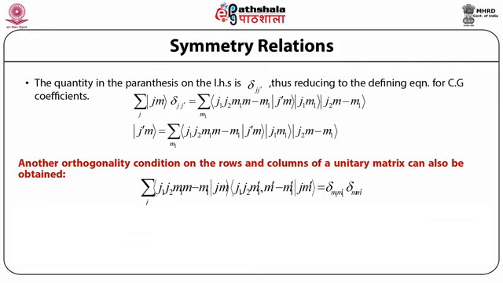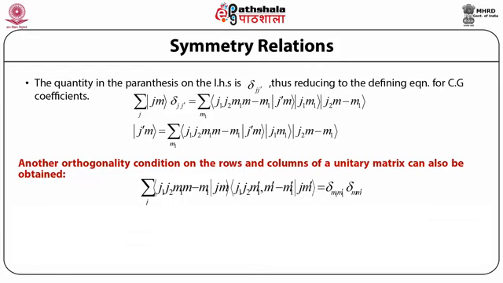The state vector |j' m⟩ is equal to the summation over m1 of ⟨j1 j2 m1 m−m1|j' m⟩ |j1 m1⟩ |j2 m−m1⟩.